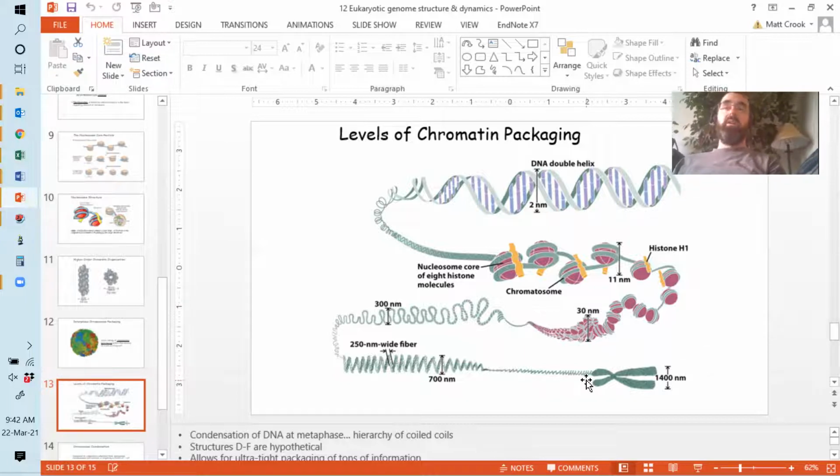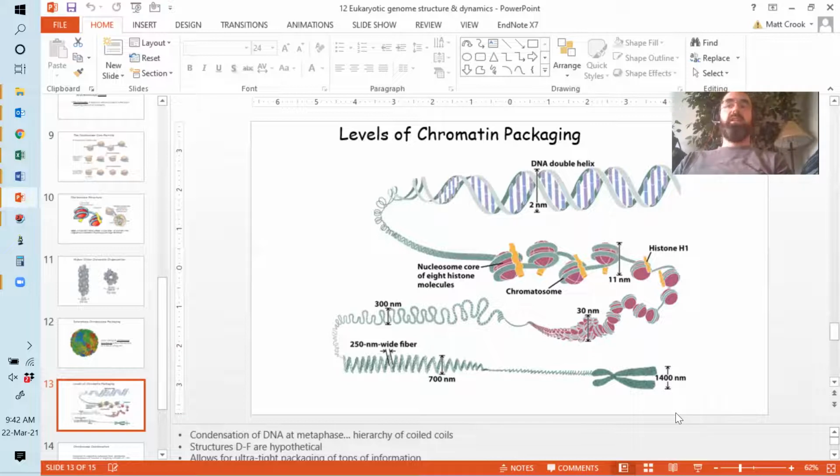And then when you start entering prophase, essentially that chromatin structure gets packed down even further into what is now, you can see these X-shaped chromosomes, right? So you will not see these X-shaped chromosomes at any time other than basically prophase, prometaphase, and metaphase, right?